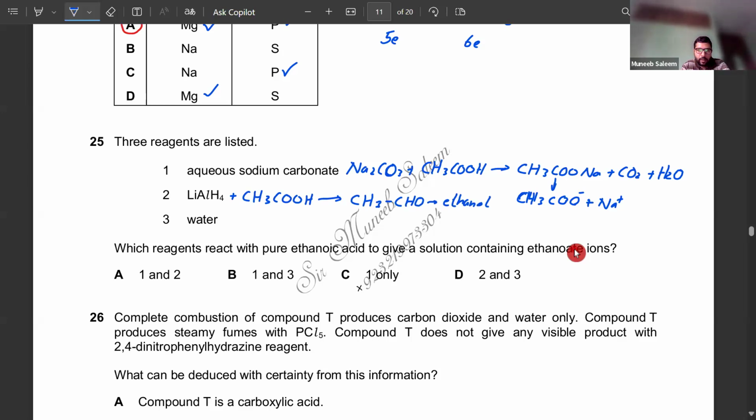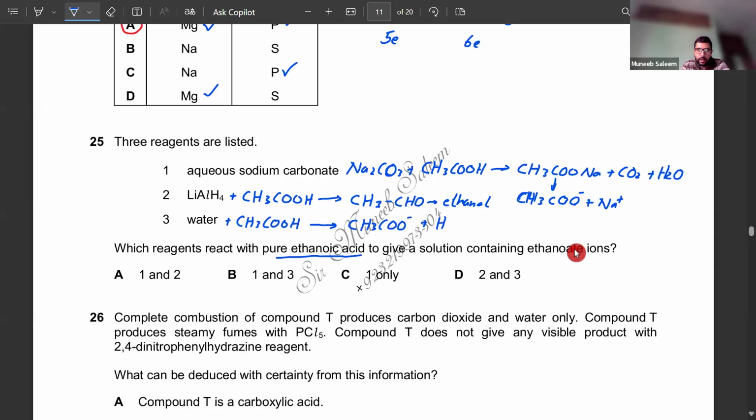And when water reacts with ethanoic acid, it is something like dissociation. So within the water, the pure ethanoic acid is dissociated to make CH3COO negative and hydrogen ions.